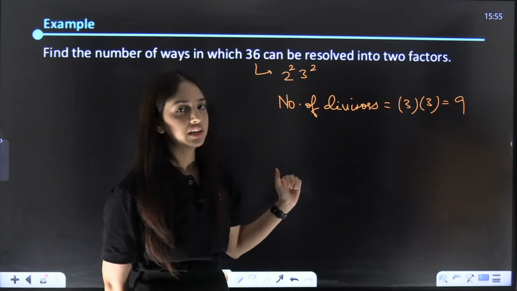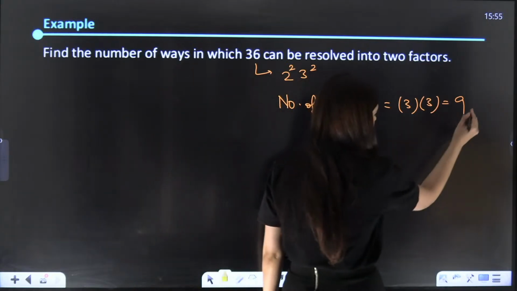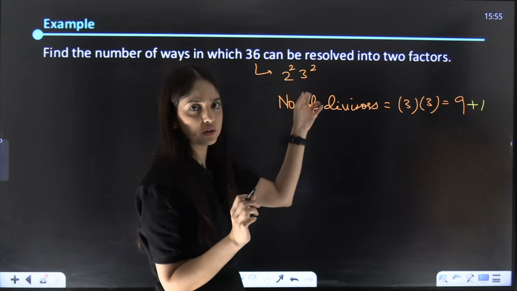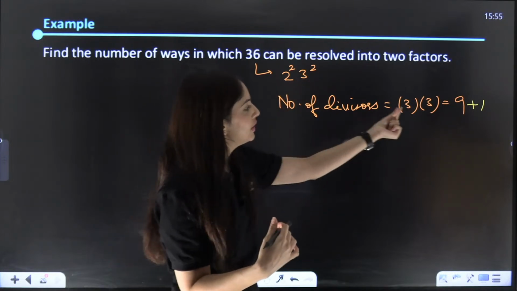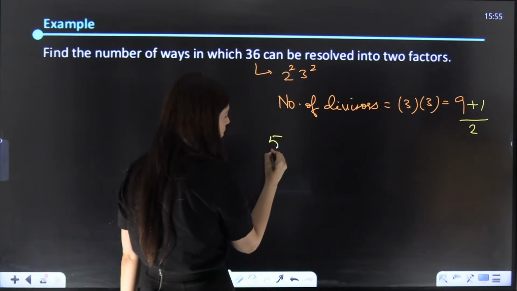Now we have to divide it by 2, but only after adding 1 to that, right? Just like when we were doing it for 100, it was very similar, right? 2 raised to power 2, 5 raised to power 2, so just like that, we will add 1 and then divide it by 2. So (9 plus 1) by 2, 5.